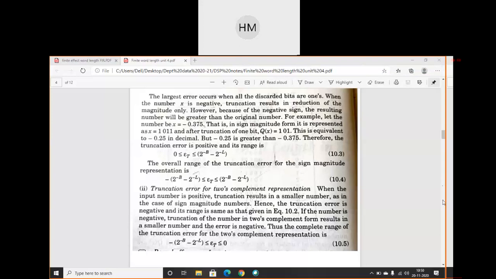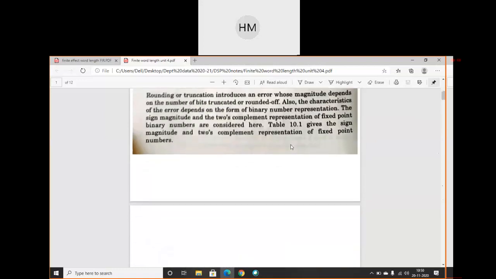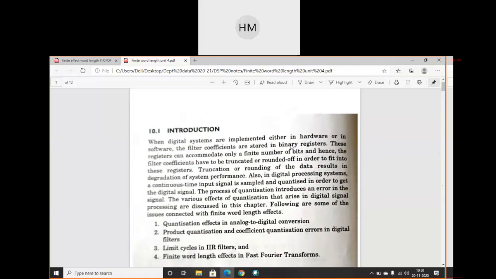So just visualize the topics which we have studied earlier. We have started with the topic finite effect of word length and why it is important, why we have to study this topic, because everything will be done on the hardware.